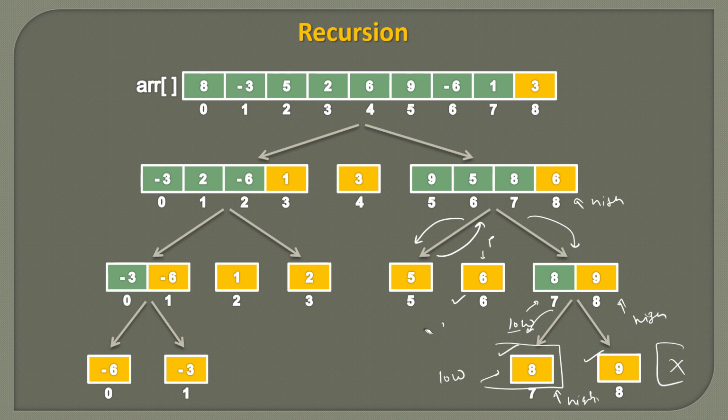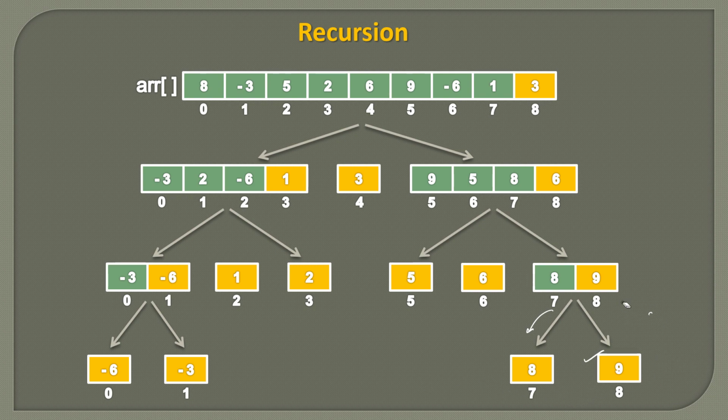So if I remove everything, here you can see that we are performing the recursion on this array recursively, and we are doing the partitioning, and with each partition one element is getting sorted and placed at its correct position.